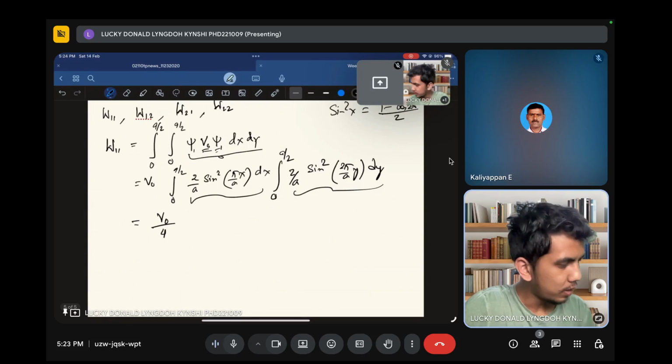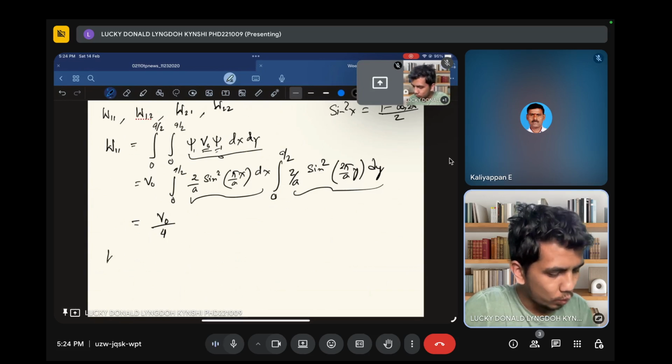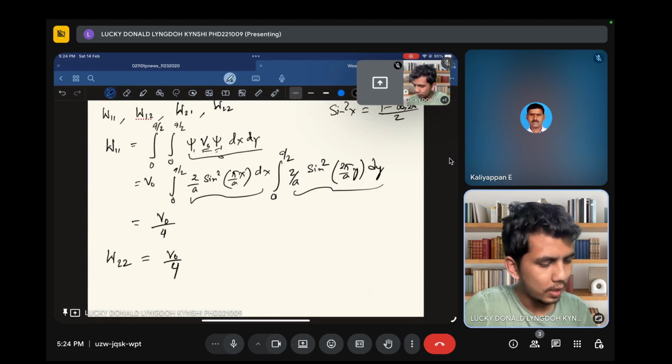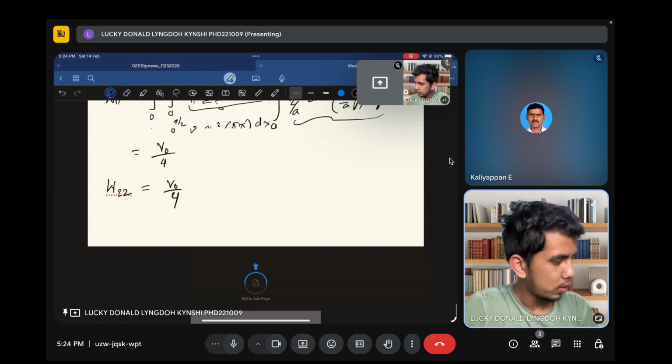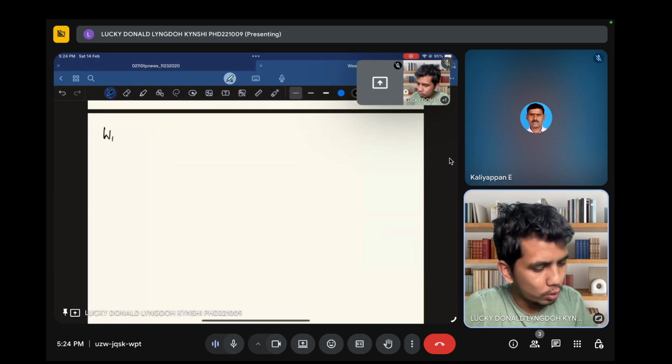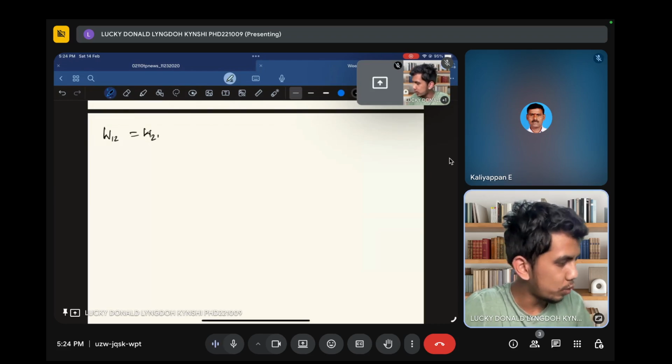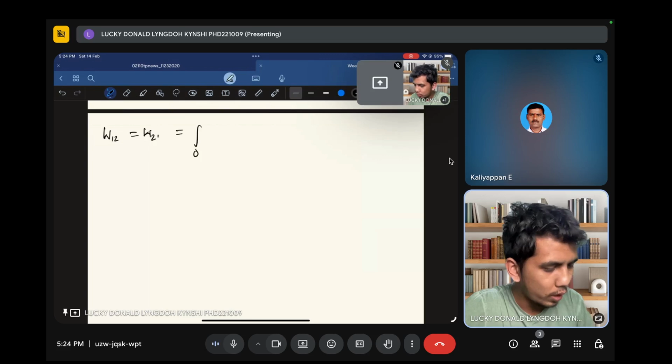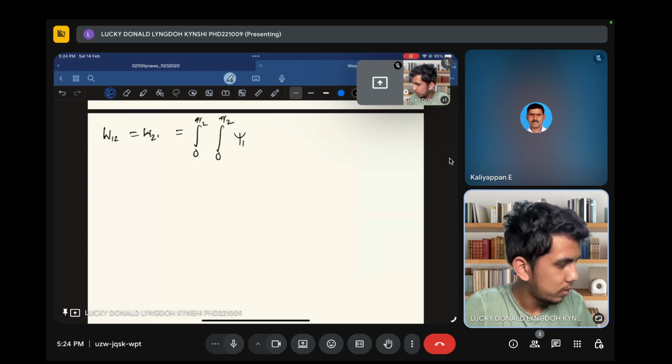Similarly, since W11 is the same thing as W22, which is equal to V naught divided by 4, now we just need to solve W12, which is also equal to W21. So in this case, it will be 0 to a by 2 for x, and 0 to a by 2 for y, and psi 1 V naught, or rather psi 2, dx dy.